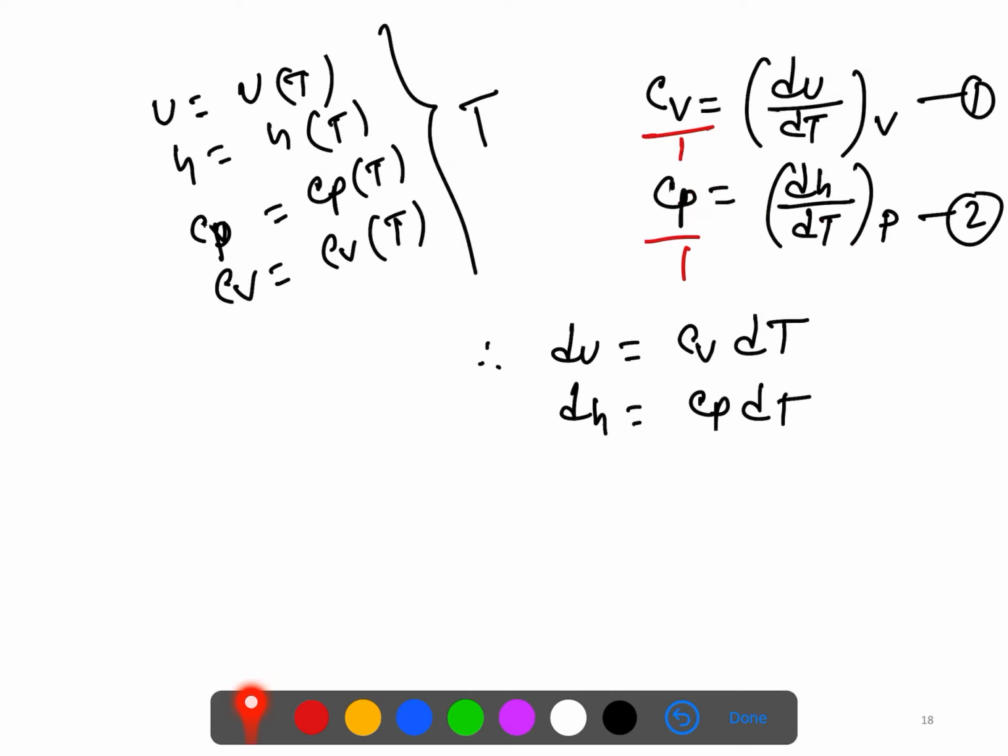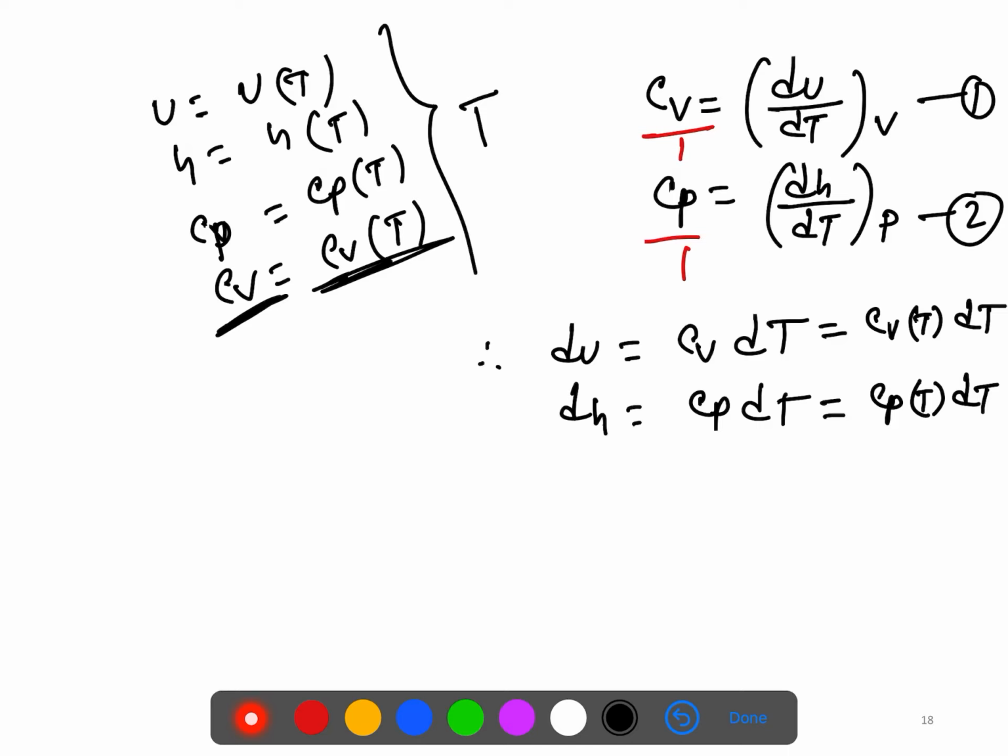So from here we found Cp is a function of T, so we can write Cp(T) dT. Similarly Cv(T) dT.